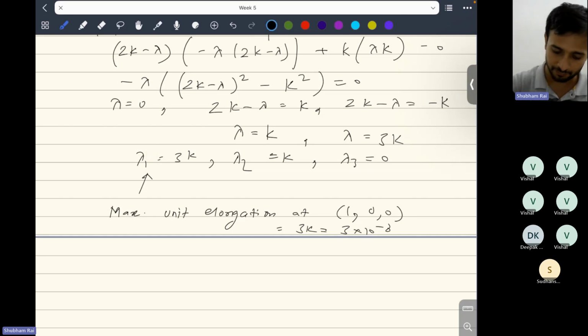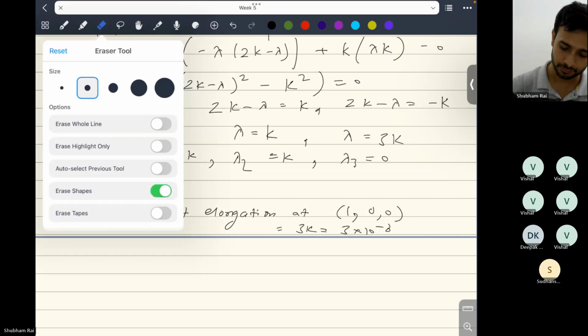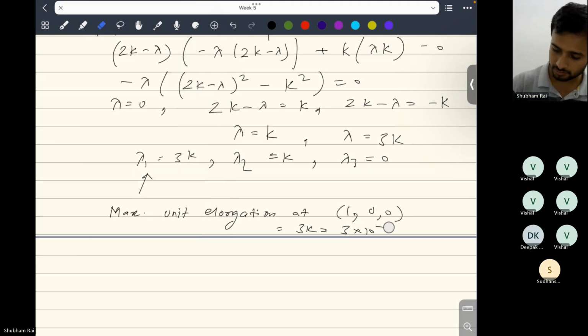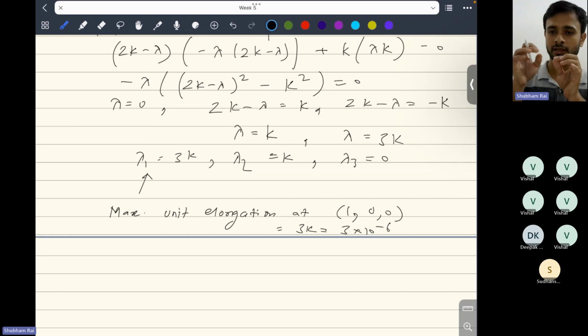So if you find the eigenvector, you will get the direction also. This is your homework. You can just find the eigenvector. So at a particular material point, in a particular direction, you have this maximum principal value, which is the maximum unit elongation. So let's go to problem number 4.